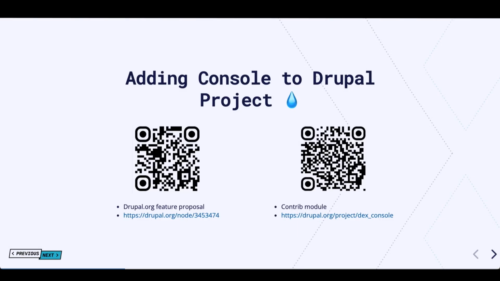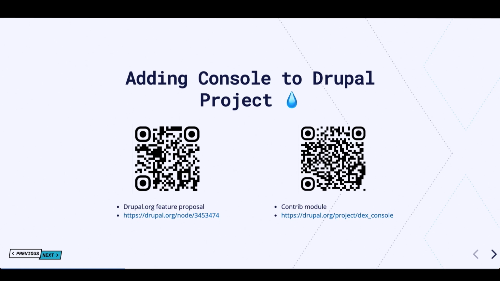Now let's see how we can add console commands to Drupal projects. One of my colleagues, Dan Finn, has created a proposal for adding console commands to Drupal core. You can find it on the first link. So all you need to do is get the patch from the issue and apply it, and you'll get started to run the console commands. Another thing, he has also created a short-lived module called Dex console.